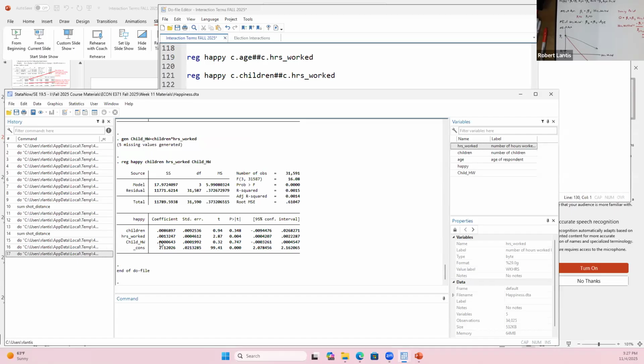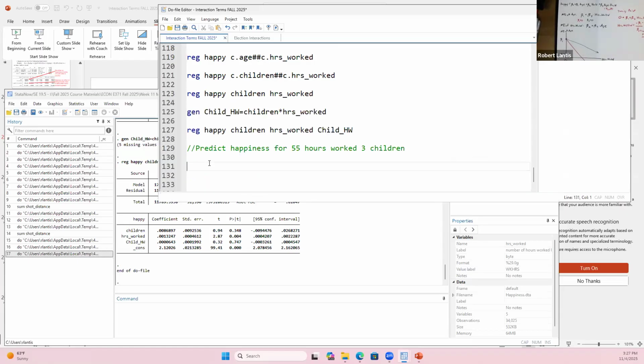55, and then I would multiply it by 3. Right? My interaction term, I'm multiplying these two variables. So I actually would need to plug in the value for both of them. So in the context of our example, if I asked you to make a prediction here, I could use that display command, type.